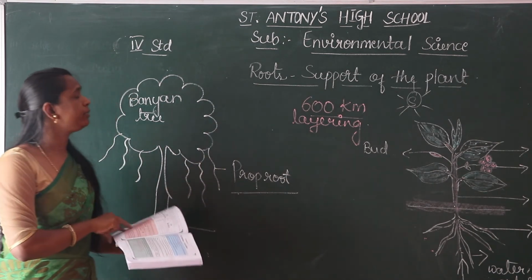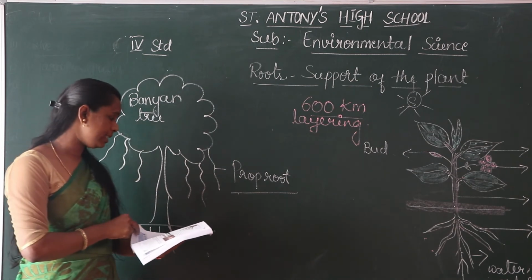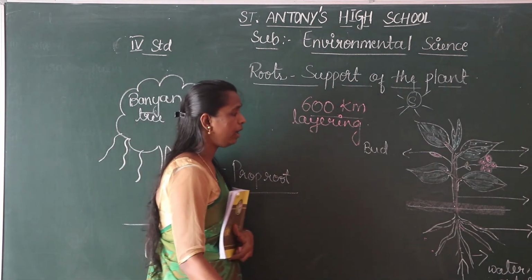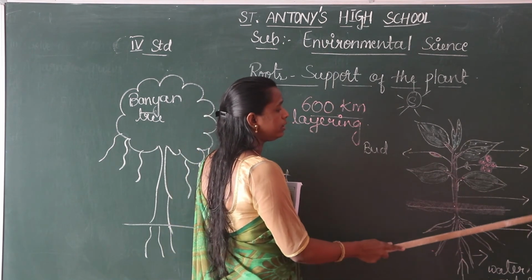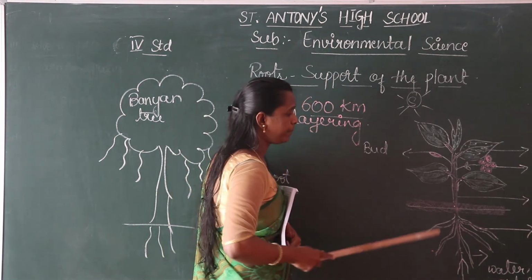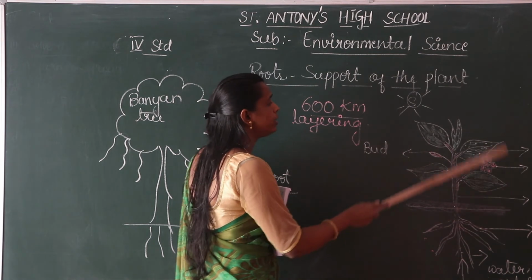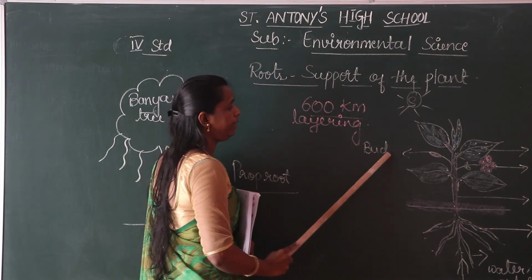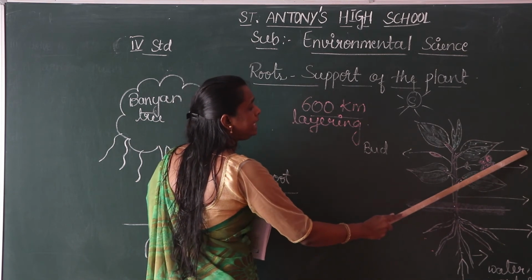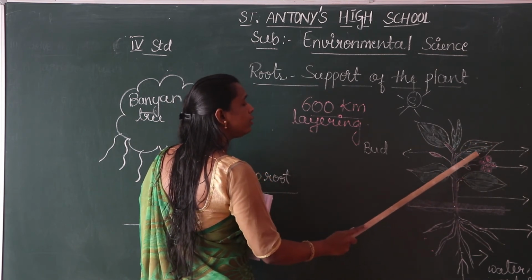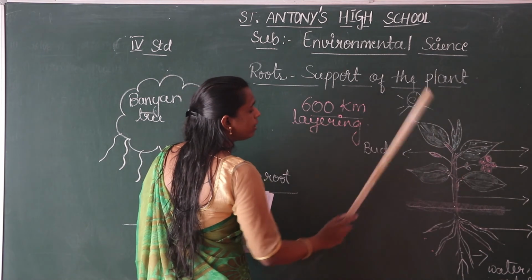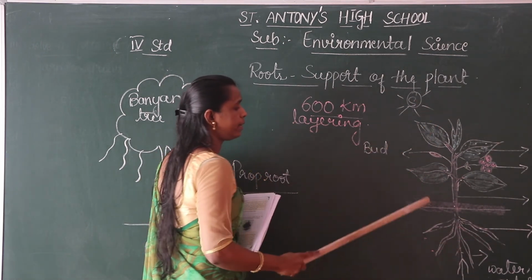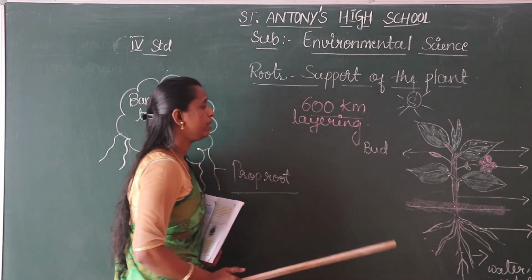See, this is about the roots, the support of the plants. First, the parts of the plant are root. This is called a root system. It's the shoot system. In the shoot system, we observe the bud, flower, leaf. This green-like structure, leaf, children, and this is called stem. This is called shoot system and root system.